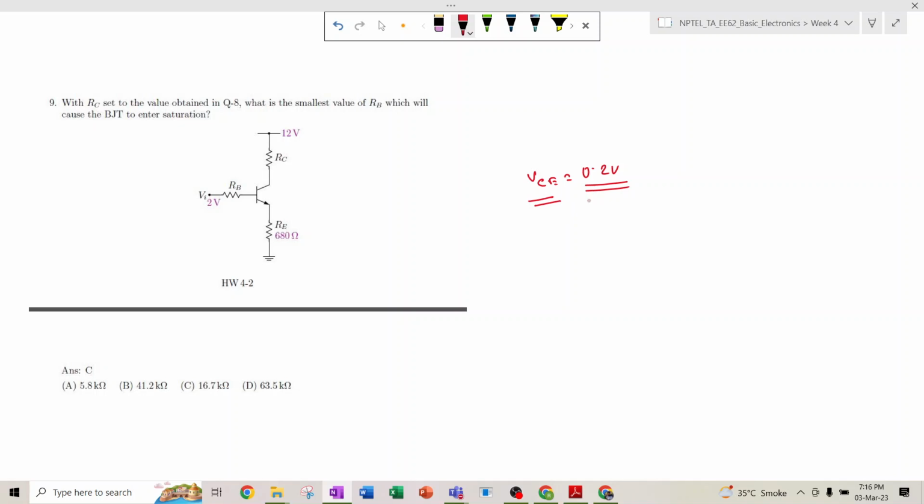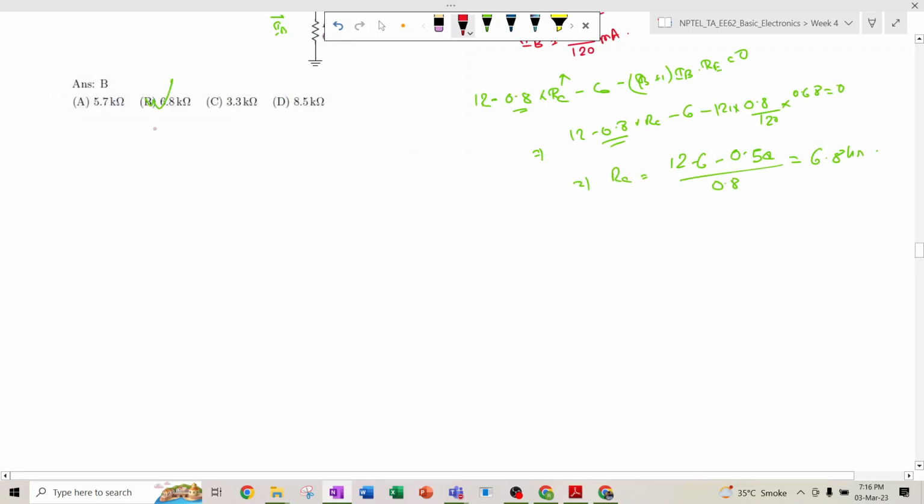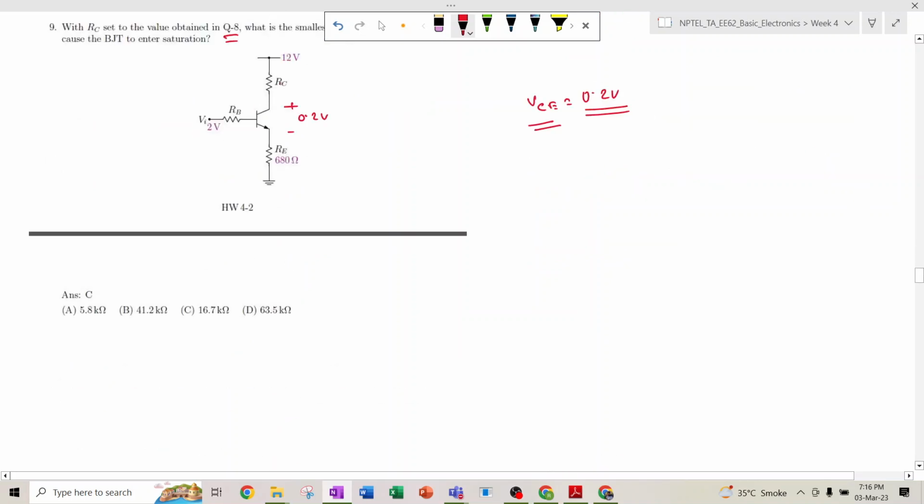Now how can we find out the value of RB that is required? This VCE value is nothing but 0.2 volt, and the RC value we already got in question 8 is 6.8 kilo ohm.